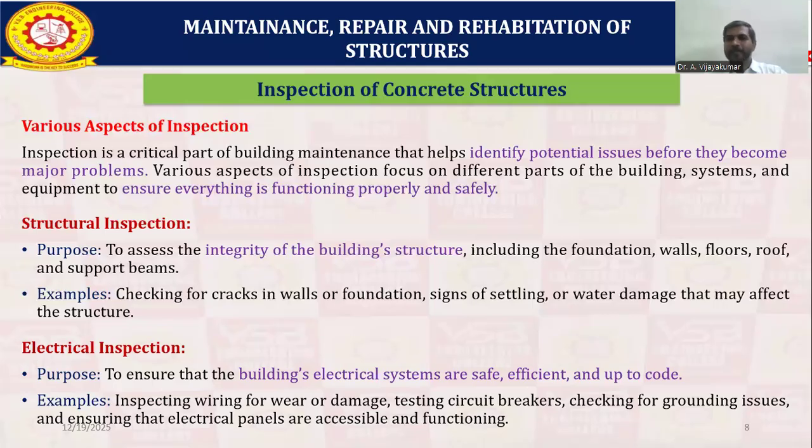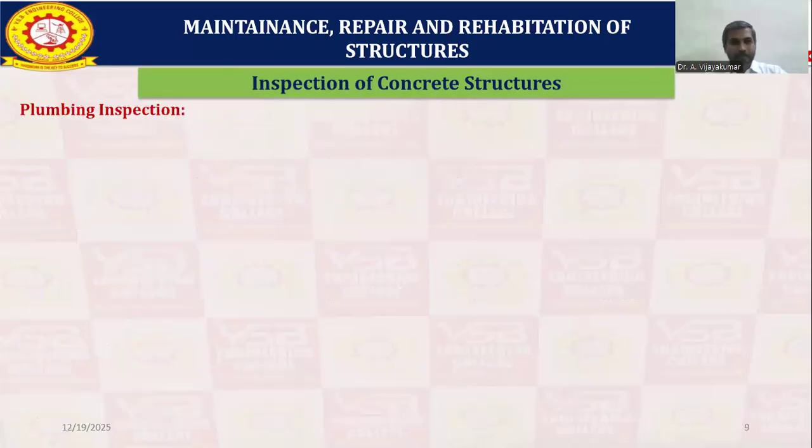During the electrical inspection we need to check this, especially in the rainy season when shocks may happen. We also check grounding issues and ensure electrical panels are accessible and functioning.